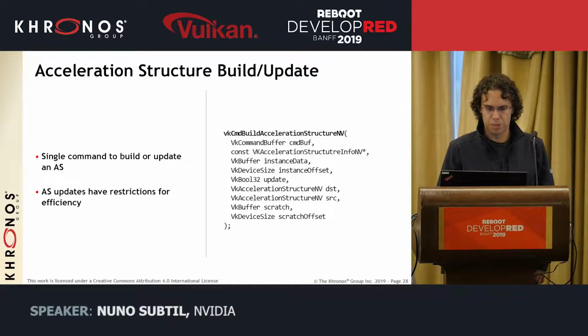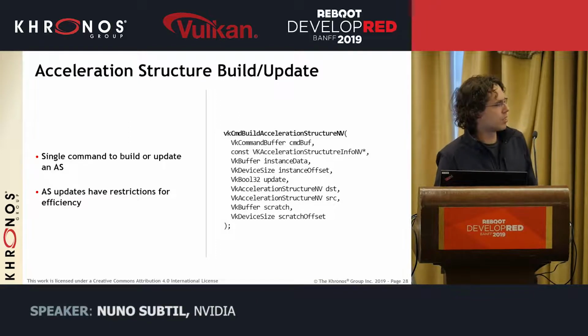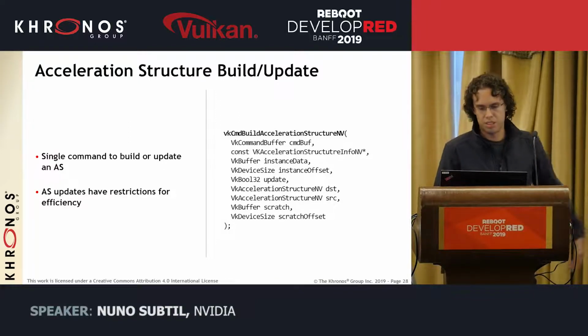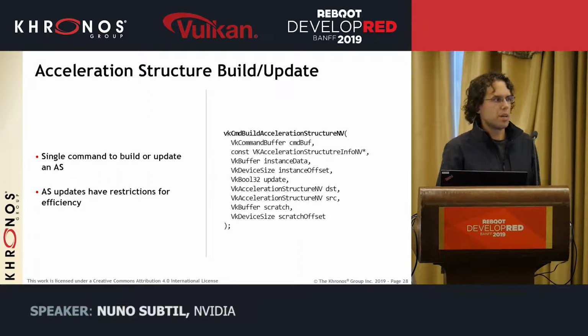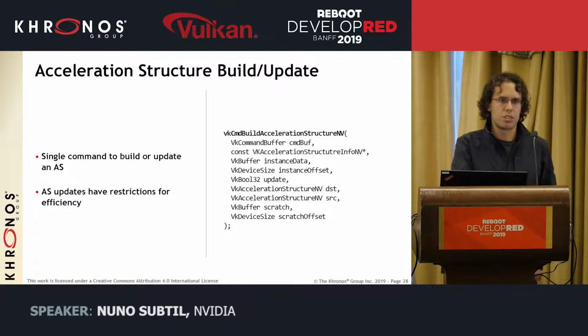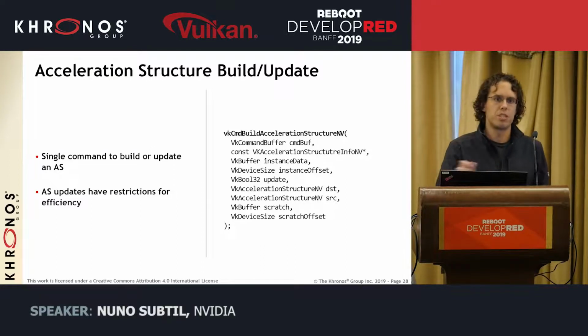Now, I'll just briefly mention the build command that I described earlier. This is a standard command that goes on a command buffer. There's a single command to build and update. There's a flag that you set to determine whether it's a build from scratch or an update. We're defining updates separately from initial builds for reasons of efficiency. If you're doing an update, typically you're just moving vertices around.